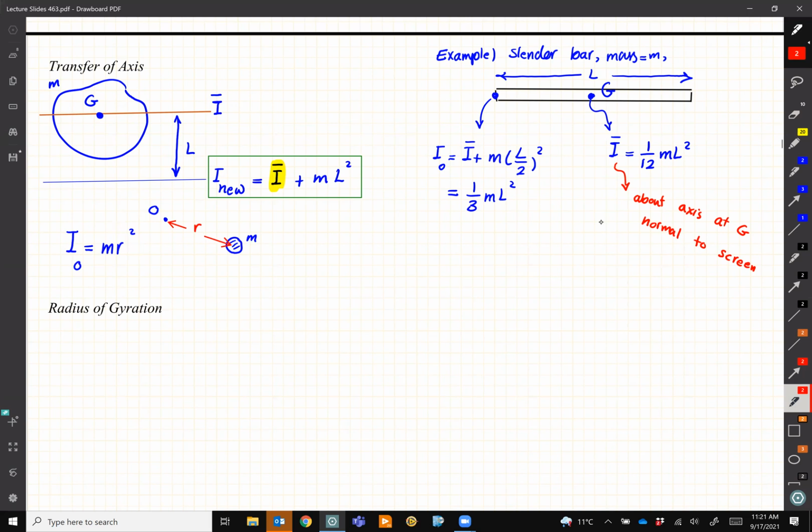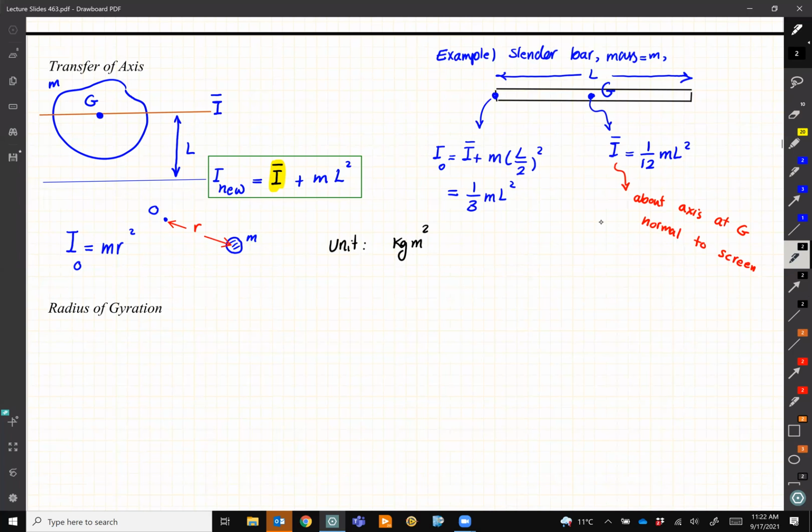So I O, you can find it is MR squared. So obviously the unit for mass moment of inertia is kilogram meter squared, for example, or pound inch squared, right? And usually it's a big number and inconvenient to work with.